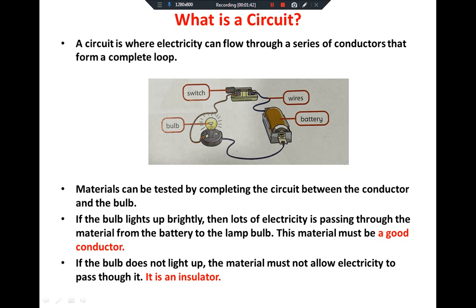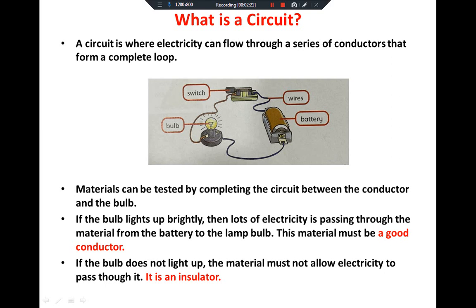So, if the energy from the battery goes through the wire to the switch, then from the wire to the bulb, and the bulb turns on, it means the materials used to light the bulb are conductors because they transfer energy, they transfer electricity. If the bulb lights up brightly, it means electricity is passing through the materials, through the wire, through the switch to the bulb.